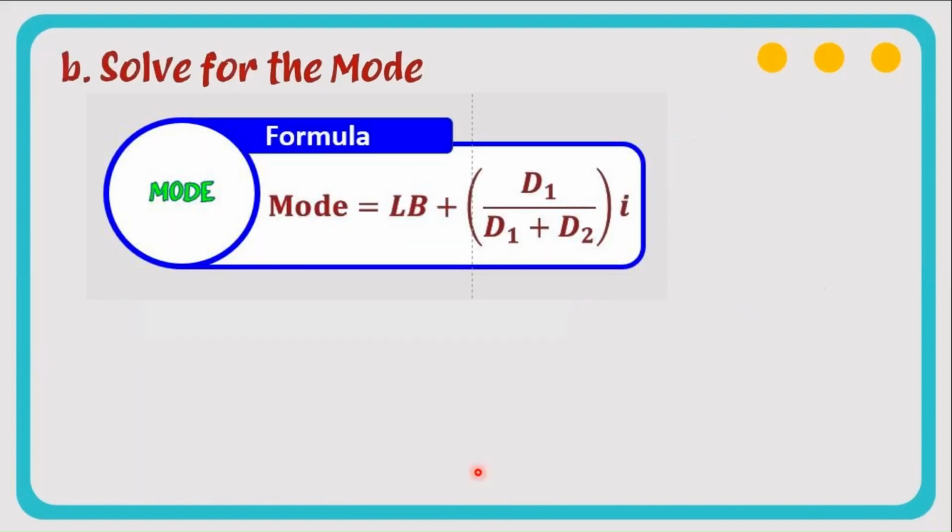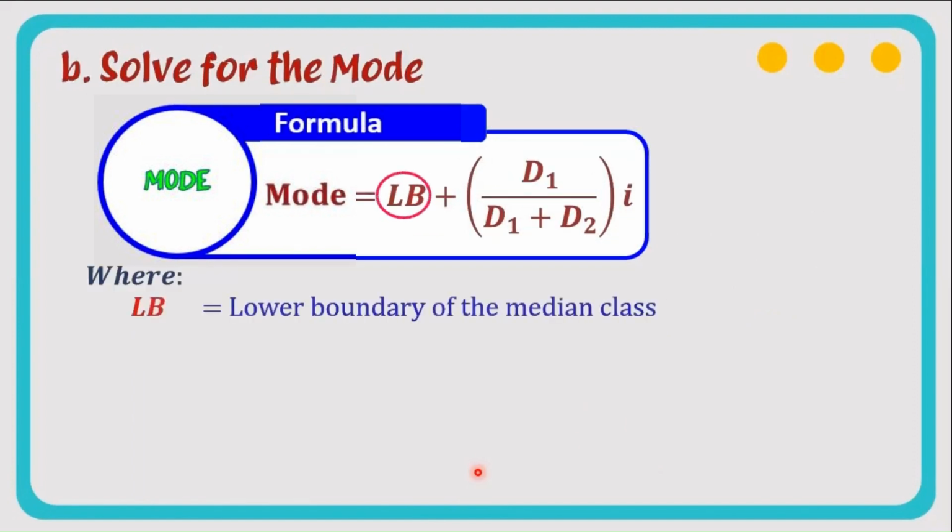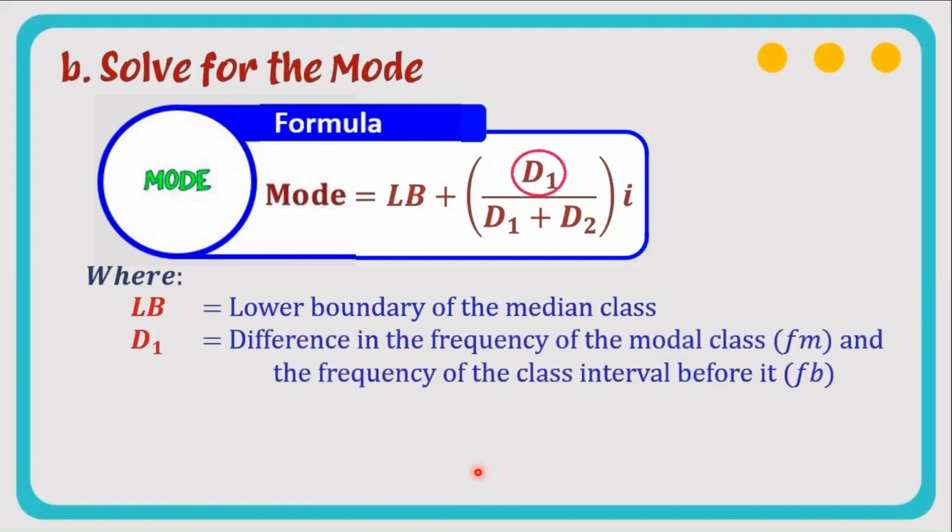That is the formula for the mode. What does this symbol stand for? LB is equal to the lower boundary of the modal class. D1 is the difference in the frequency of the modal class, or we may write it in symbols as F sub m, and the frequency of the class interval before it, that's F sub b.